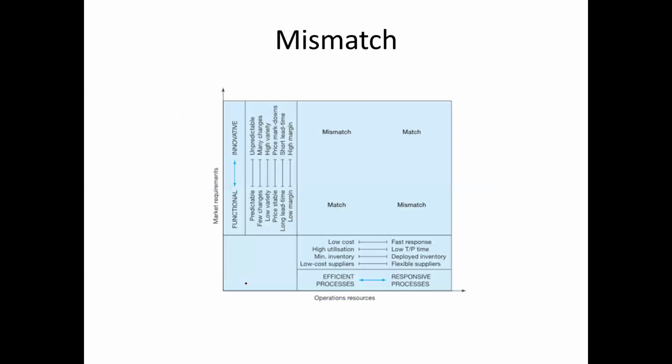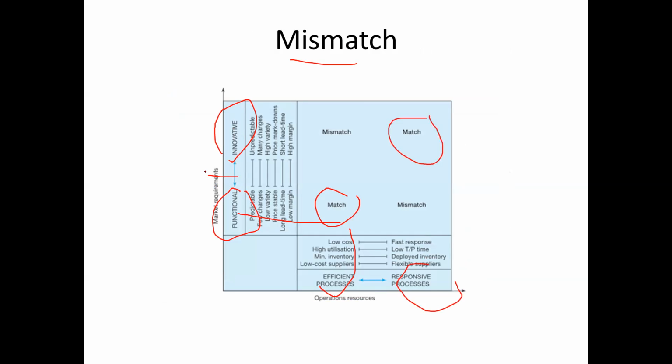Mismatch. This is the Fisher matrix, which looks at, is your product functional, i.e. boring routine, or is it more of an innovative high-tech product? Now, if you've got a boring functional product, you can have an efficient lean supply chain. If you've got an innovative requirement that's changing, technology's changing, then you need a responsive supply chain, and that's a match.